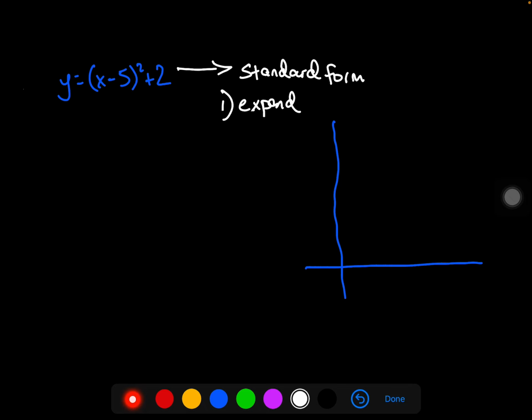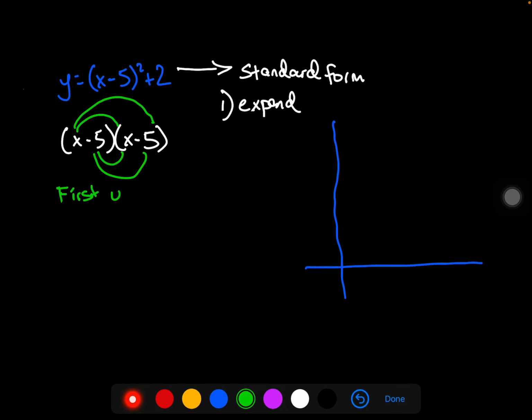And there are a number of different methods for expansion. But what we need to do is take x minus 5 and multiply it by itself, x minus 5. When I was in high school, we learned FOIL, which is first, outside, inside, last.